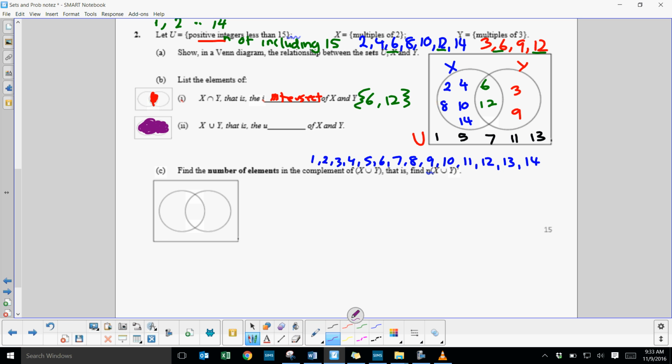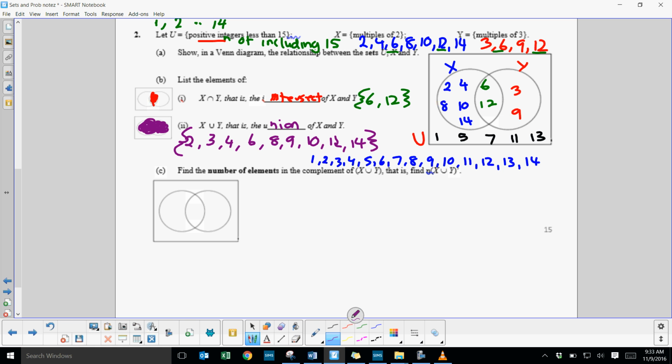So we would start with 2, 3, 4, 6, because it does include the intersect still, 6, 8, 9, 10, 12, 14. If you want to practice doing your curly brackets, that's how you do those.